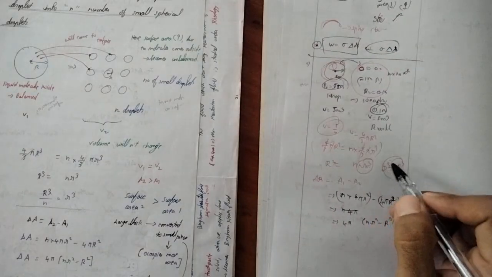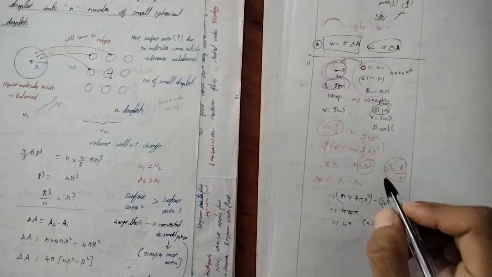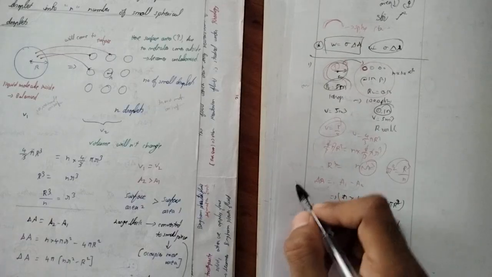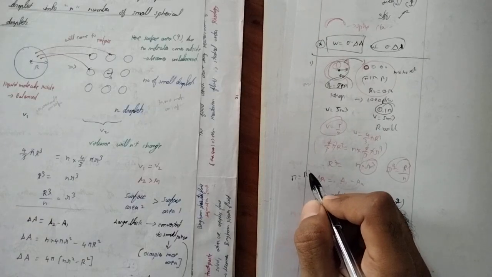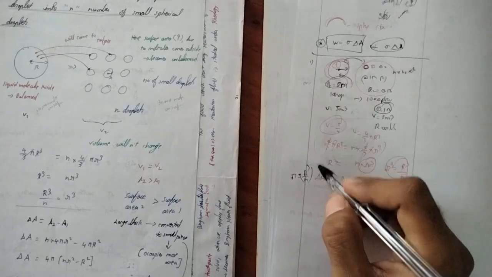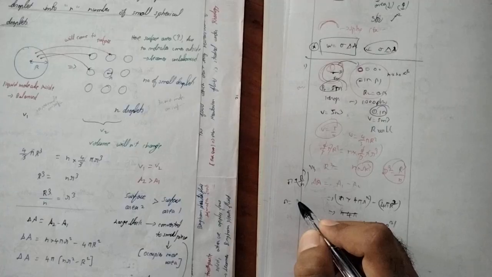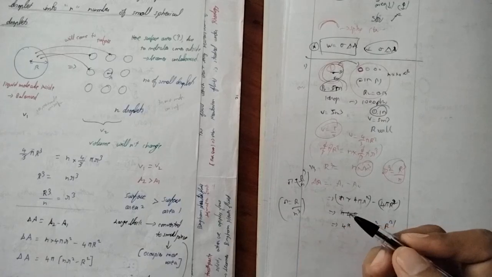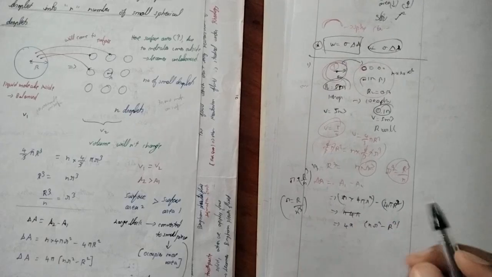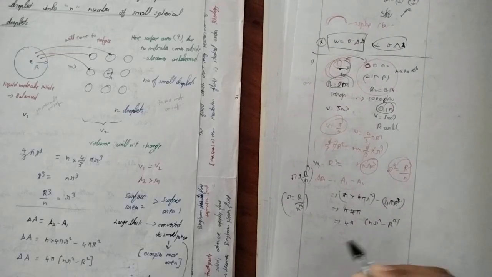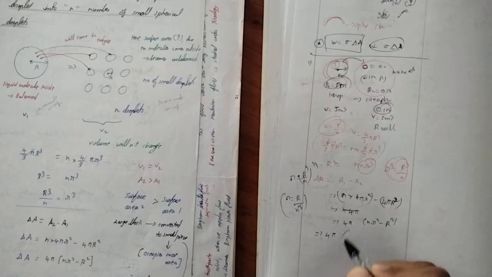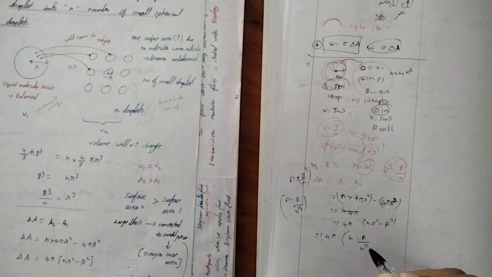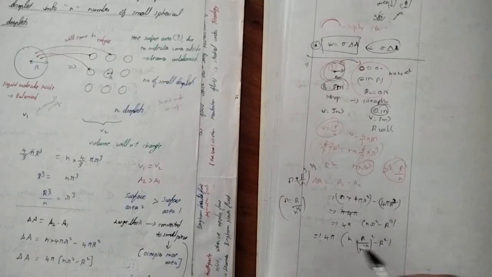Here we have r cube, and here r square, so we have to multiply inside. So small r equals capital R cube divided by n, the whole power 1 by 3, so r equals R divided by n to the power 1 by 3. So it equals 4 pi n times R divided by n to the 1 by 3, the whole square, minus R square.